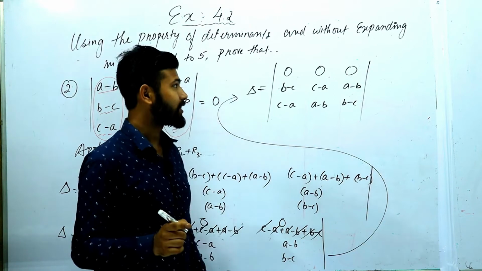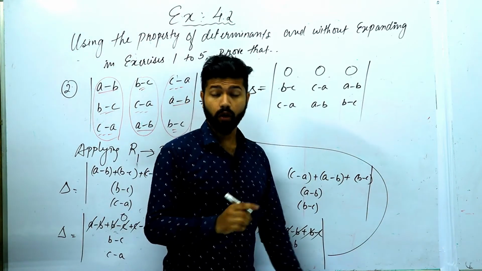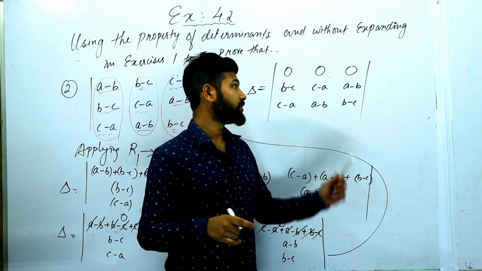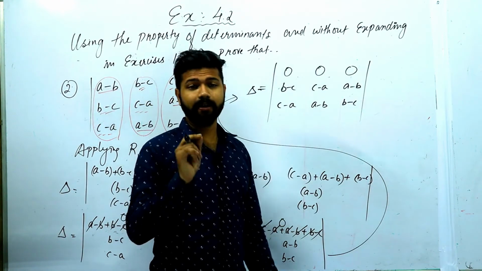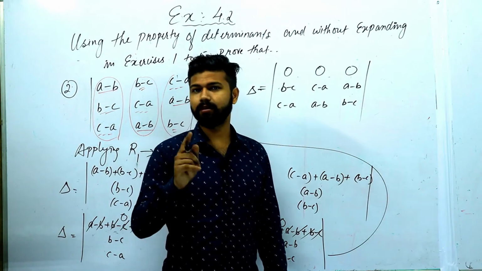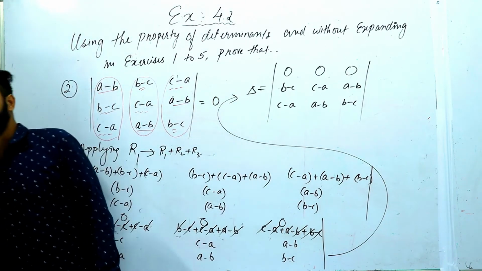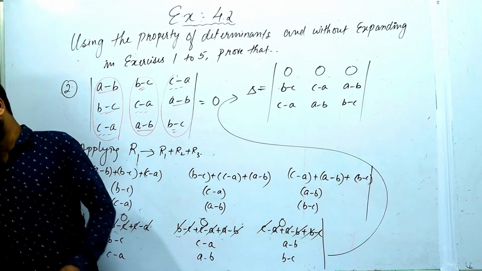That property says that if any complete row or any column is 0, then the result of that whole determinant will give you 0. This is the property that we have got, right? Now let us write that property.